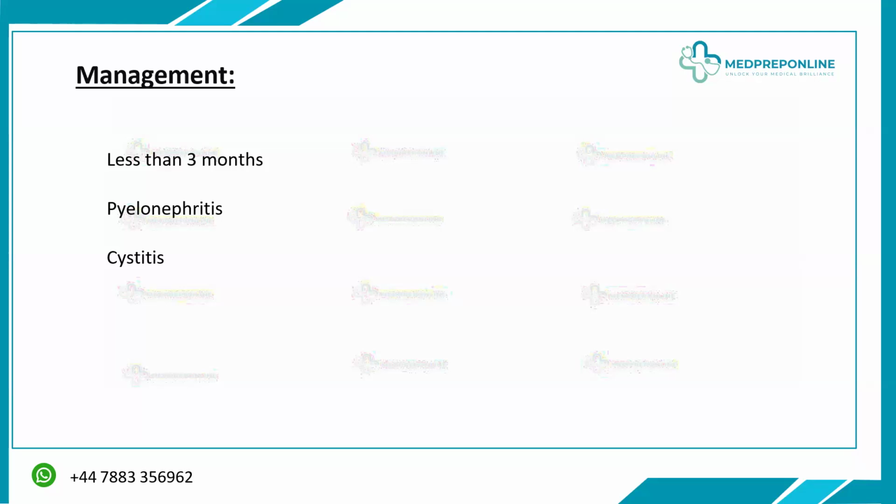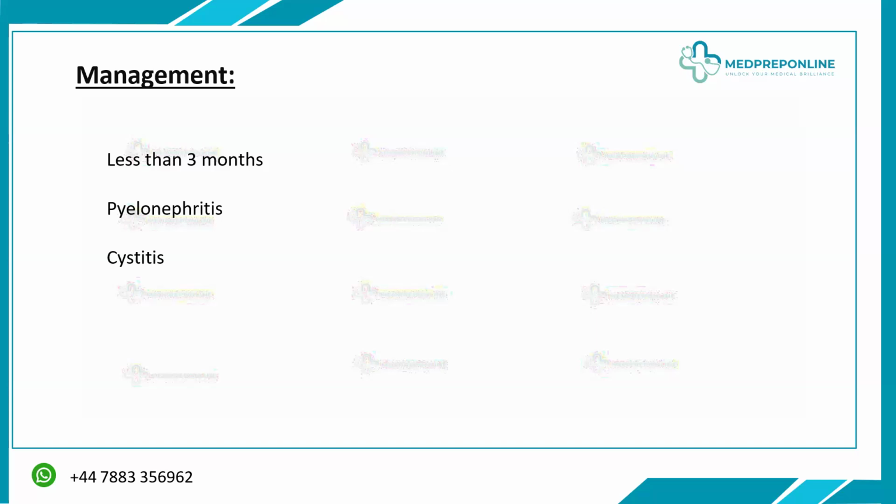Are there any questions? Yes, I want to ask, is there examination as well in this history station or just the history taking? Well, there is no examination. They would ask you to take the history and then describe the history, and then the examiner would ask you what your differential diagnoses are, what investigations you want to do, and how you will manage the child.